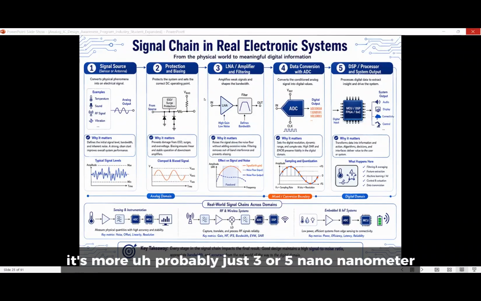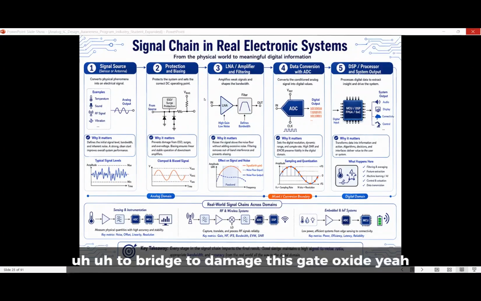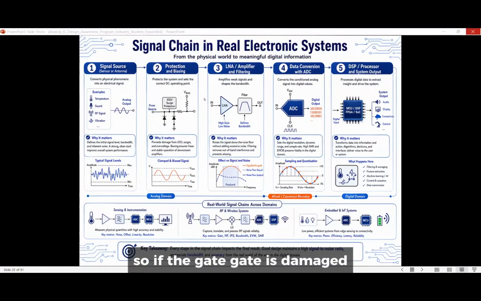Probably just 3 or 5 nanometers. It is really very thin. Although it forbids the current flowing, because it is too thin, we still have a chance to breach and damage this gate oxide. So if the gate is damaged, the transistor will fail anyway.